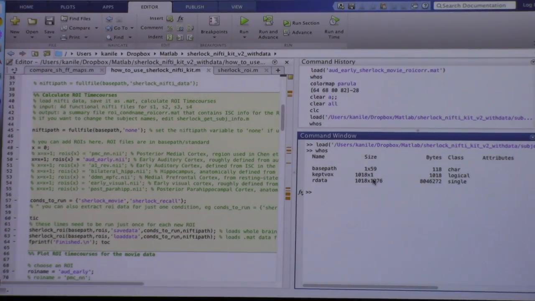The original movie data was in 2 scans, because we didn't know at that time whether we were going to be able to run the scanner for 50 minutes straight. So we collected in 2 scans, but they're immediately back to back. And so this data set that you have is already cropped and concatenated together, but originally it is 2 different scans. So the total time is 1,976 TRs.